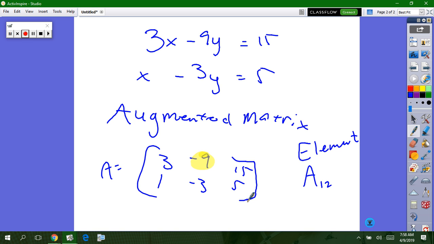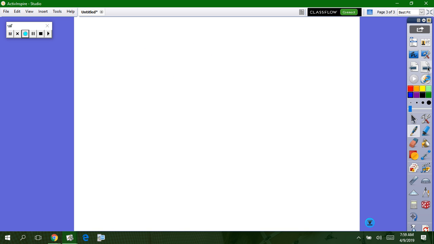Going over some of the basic items. So we're actually going to use a matrix to go ahead and help us solve an equation. I like using matrices in an organized fashion to solve.